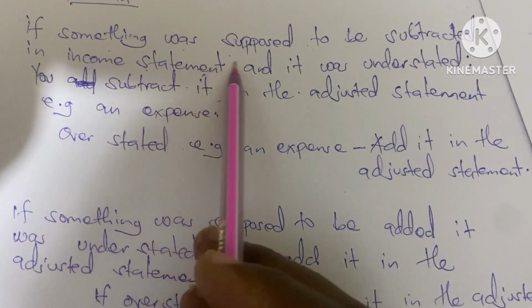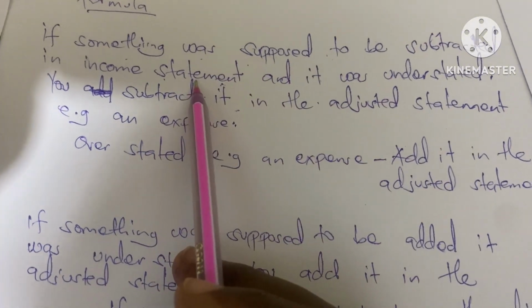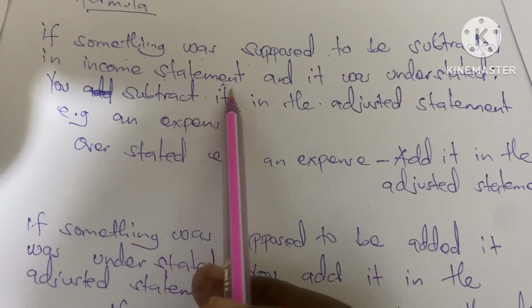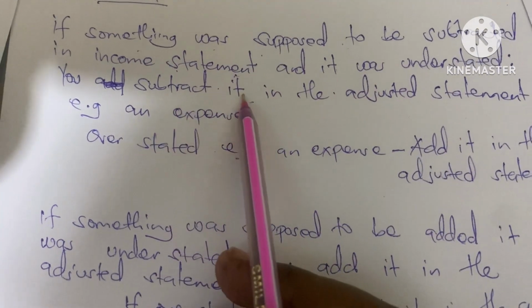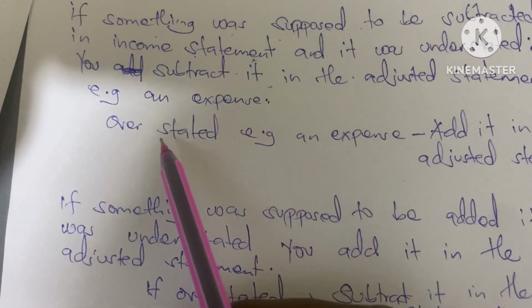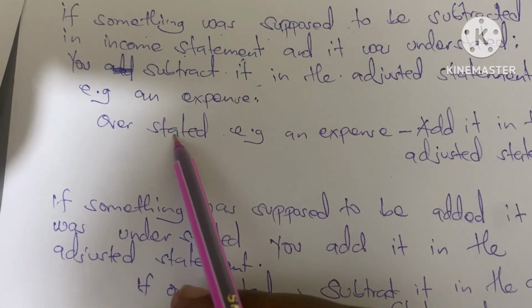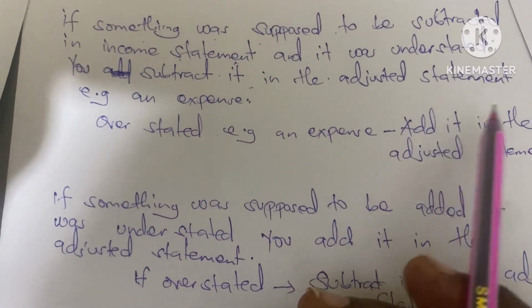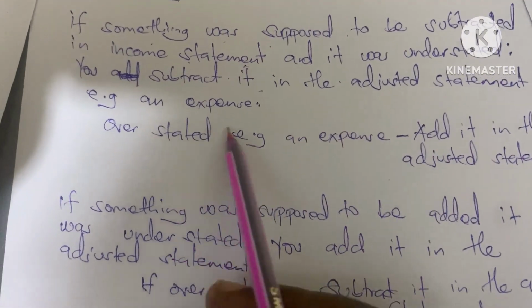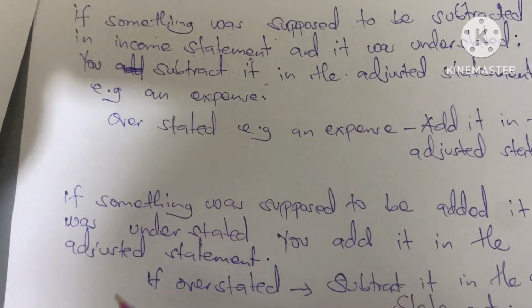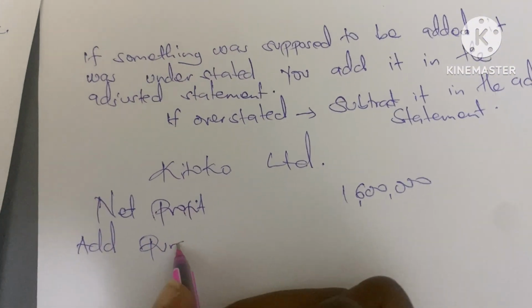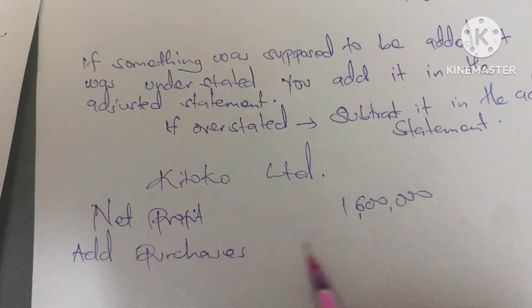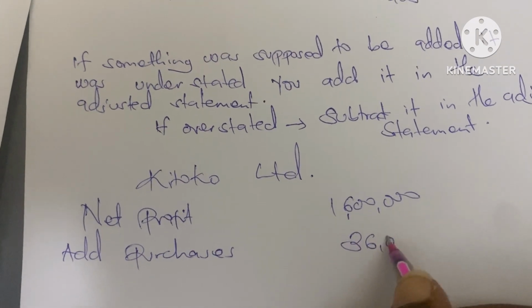If something is supposed to be subtracted and it was understated, you subtract it. But then if it was overstated, you add it. So this purchase was overstated, so we are going to add it. So we add the purchases, 36,000.